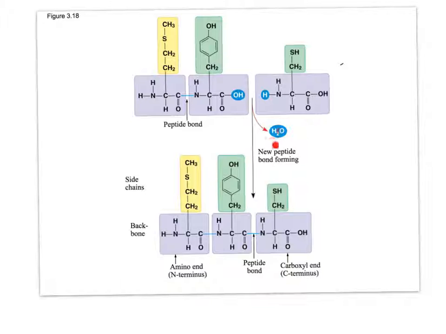Water comes out, a peptide bond is formed, and you end up with a polypeptide that has an amino terminus and a carboxy terminus. Where's the next amino acid going to go? Right here. So you're going to add amino acids at the carboxyl end, at the carboxy terminus.